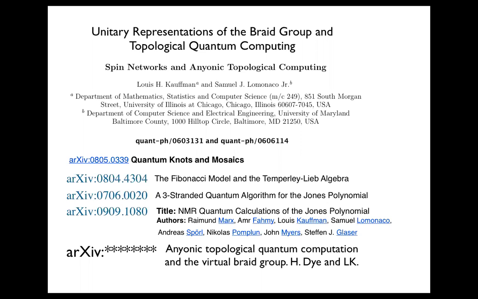And in this case, one kind of interesting paper that happened a little while back by Sam, myself, and a whole bunch of people, some of whom are in Munich, and they are chemists and they do nuclear magnetic resonance spectroscopy, which is a kind of quantum computing, and we got them to use our algorithm to calculate the Jones polynomial using that method, which was fun.